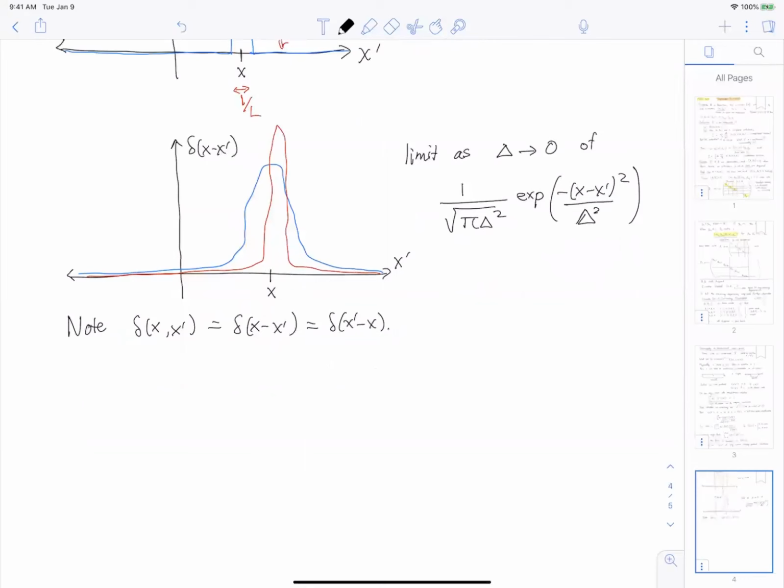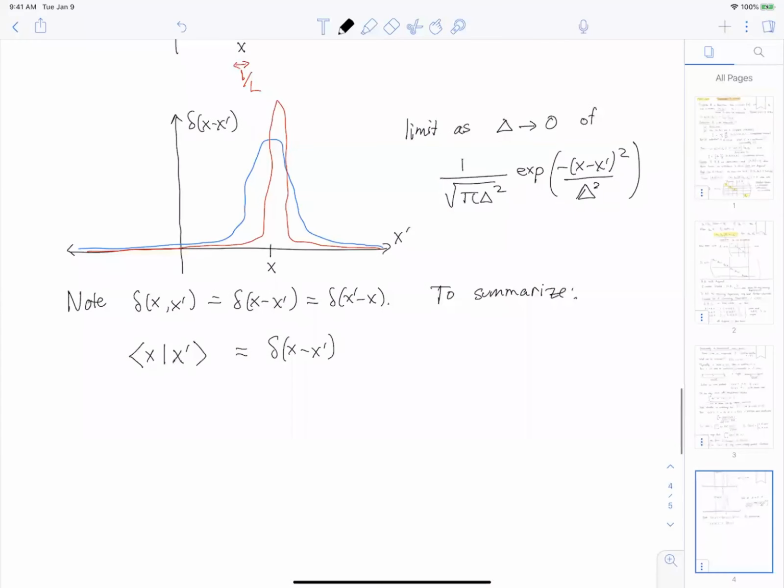And so we can summarize, in terms of the kets that were eigenkets of position, that the matrix element is the Dirac delta function, this thing that's infinitely large but infinitely narrowly peaked for continuous x, which is not the Kronecker delta.